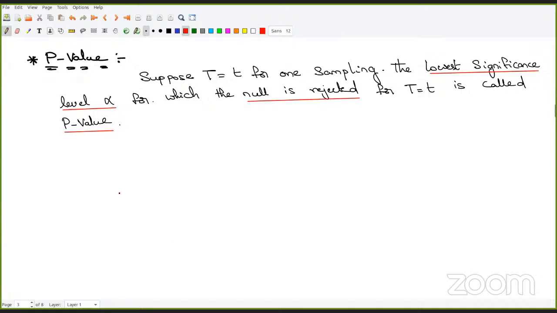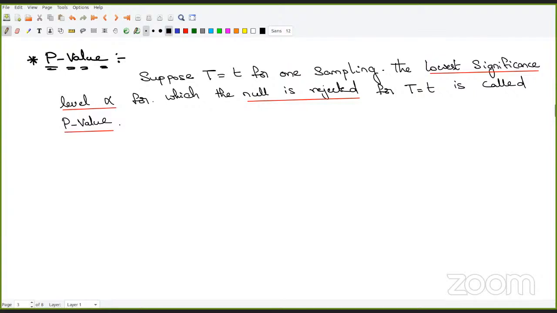Now let's see another way of testing for means. Another way of testing this hypothesis is to find p-values. So what is a p-value? We know the samples, right?